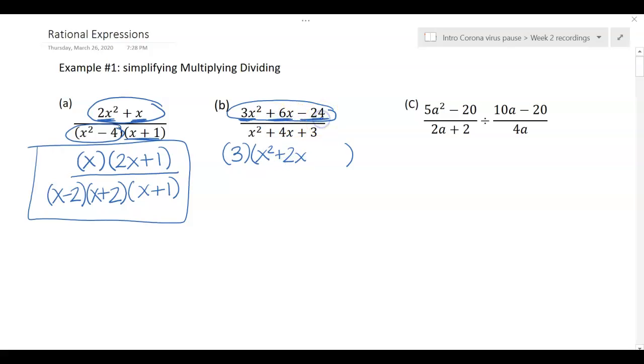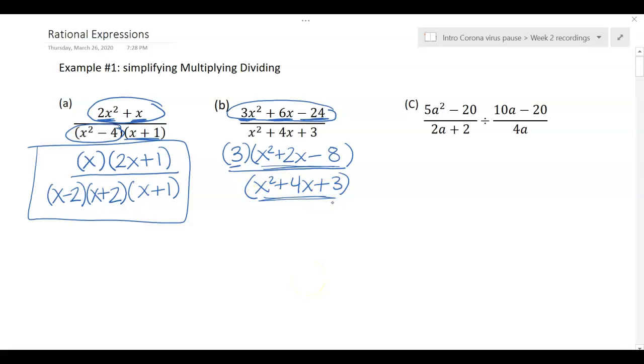And minus 24 when divided by 3 would leave minus 8. There is no greatest common factor in the denominator. So the way I'm viewing it right now, I now have my numerator written in a form of two factors, the 3 and then this quadratic here. And my denominator is technically still written in a way where there's only one factor, this right here.